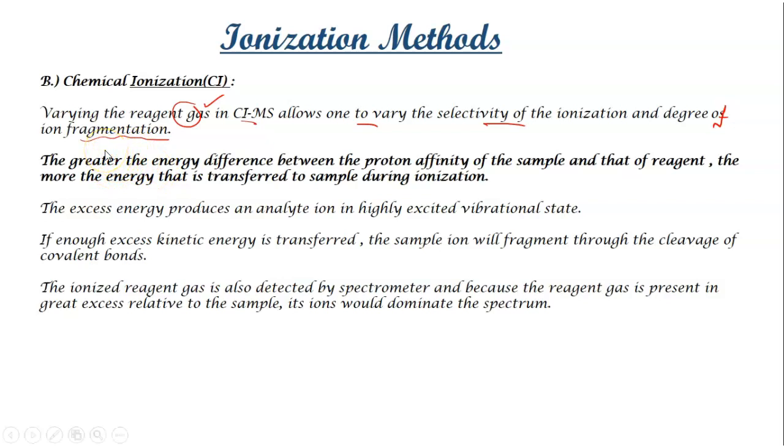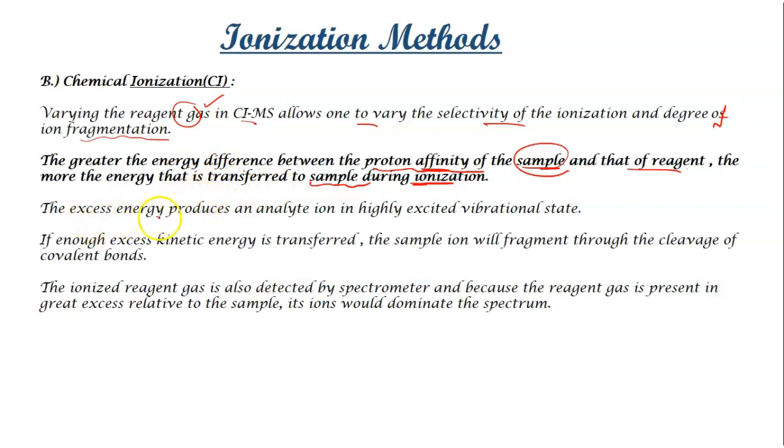So what is happening? Greater the energy difference between the proton affinity of the sample and that of the reagent gas. I repeat, greater the energy difference between the proton affinity of your sample and that of the reagent or carrier gas, the more energy is transferred to the sample during ionization. See, now the sample has more energy.